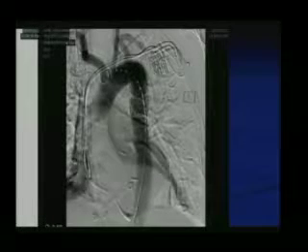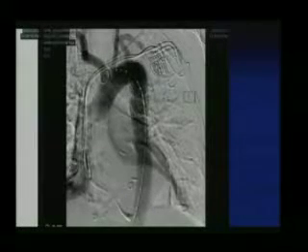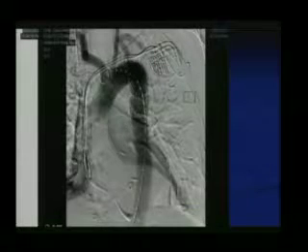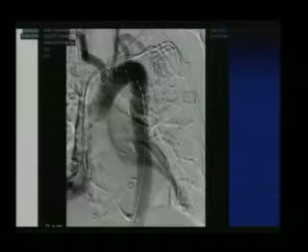Then we deployed the stent graft. In this stent graft, the struts of the open part are partially on the subclavian artery, but the subclavian artery is getting filled. But there is a good proximal seal, a good distal seal, and no endoleak on this angiogram.